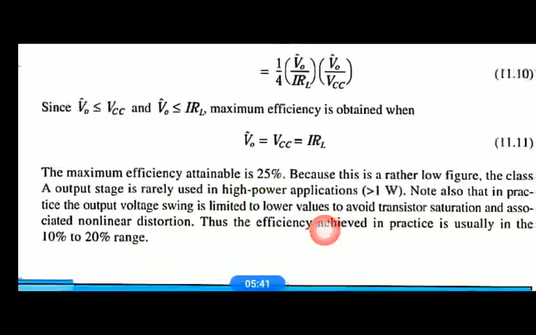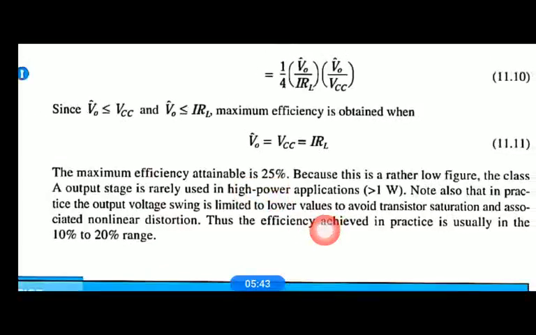So the efficiency of a class A amplifier is very low, only 25%. 75% of the power is dissipated as loss.